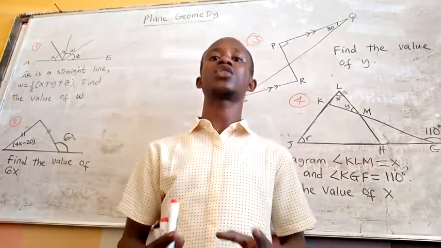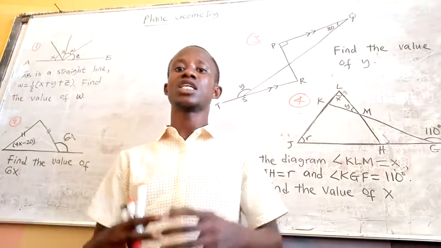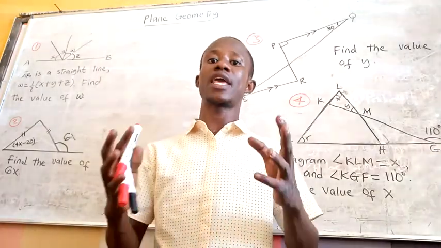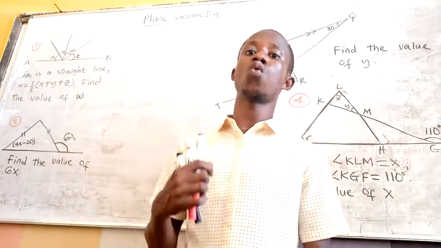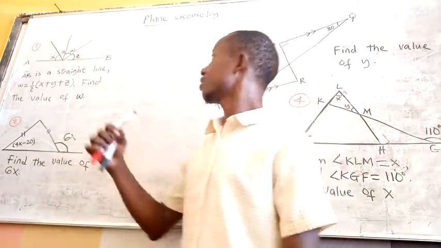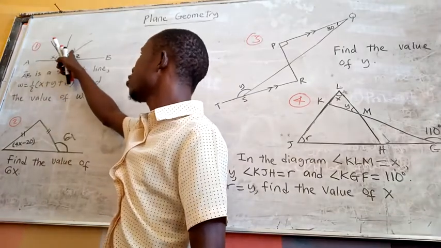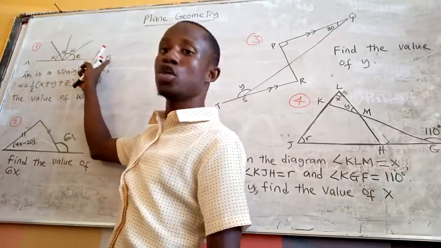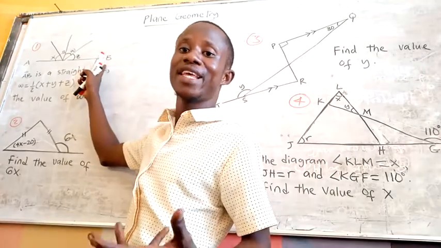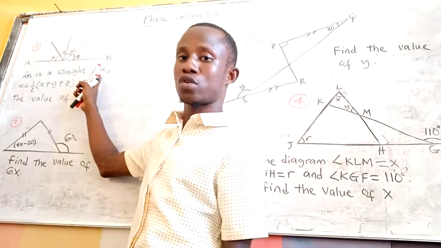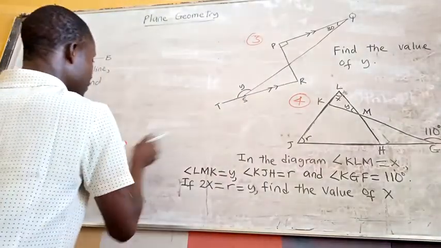Since AB is a straight line, it means that the sum of all the angles found on line AB should be equal to 180 degrees. So therefore we have x plus y plus w plus z all equal to 180 degrees, because we are told that AB is a straight line.